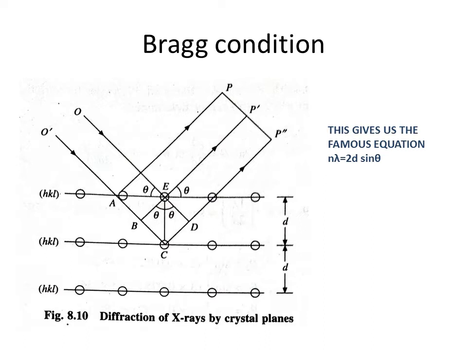You can look at the different planes which are indicated by their Miller indices at scale. Separation between adjacent planes is given by d, which is the interplanar spacing. All these planes are parallel planes. They indicate a set of planes having the same Miller indices.